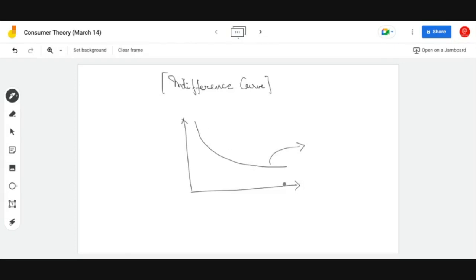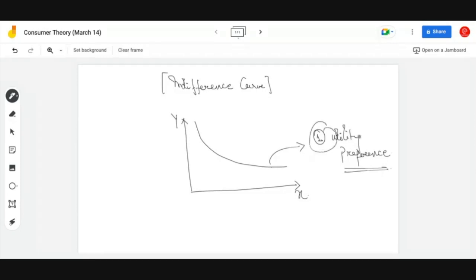What information can be drawn? Let's say we are consuming two different goods, good Y and good X. So this indifference curve talks about the utility preference.